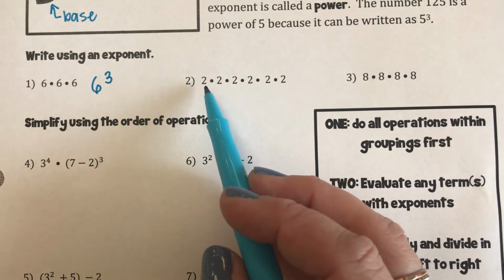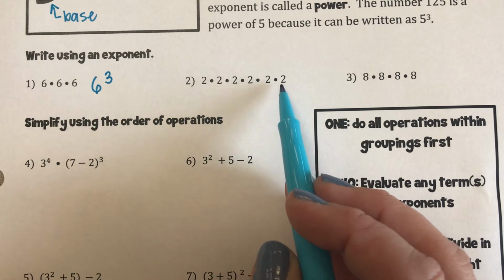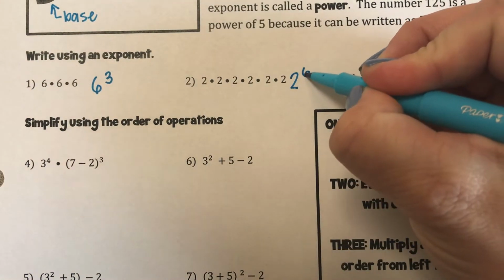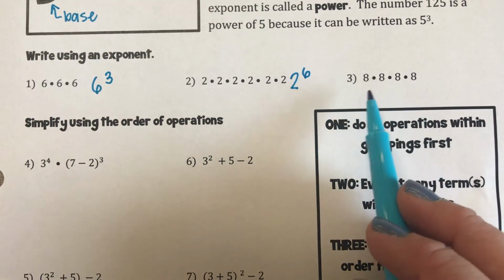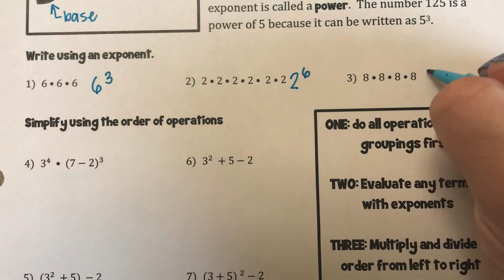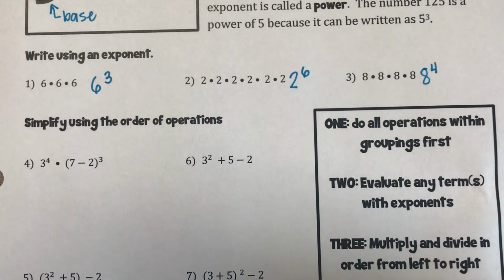Here I have 2 being used as a factor, 1, 2, 3, 4, 5, 6 times. So that's going to be 2 to the 6th power. On this next one, I have 8 being used as a factor, 1, 2, 3, 4 times. So that's 8 to the 4th power.